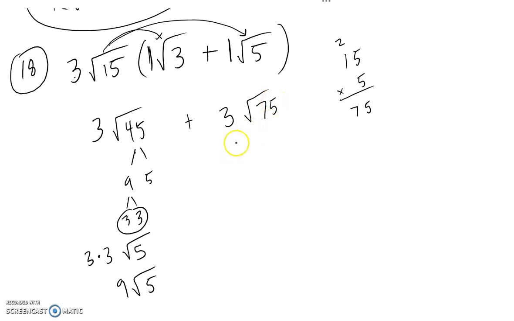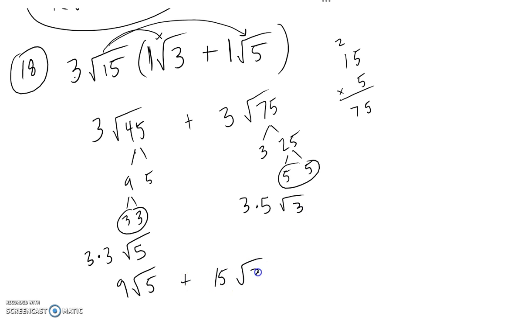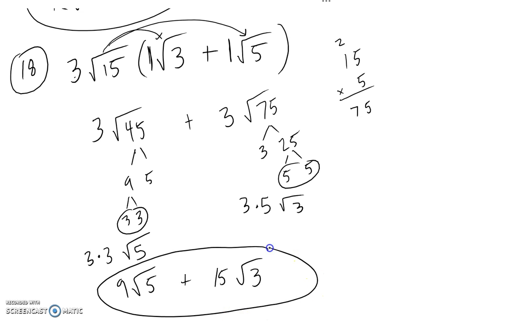This one right here, I know that 75 is 3 times 25, and then this is 5 times 5. So I'm going to have the original 3, a 5 that comes out, and then a 3 on the inside. So plus 15 square root of 3. All the way simplified, and we're finished.